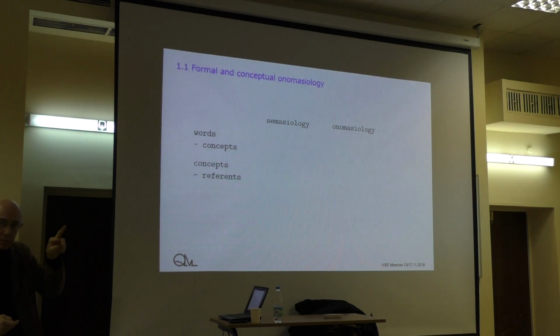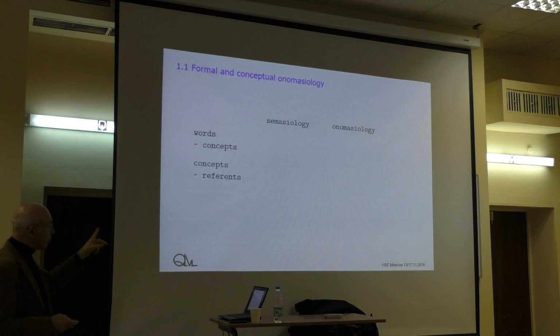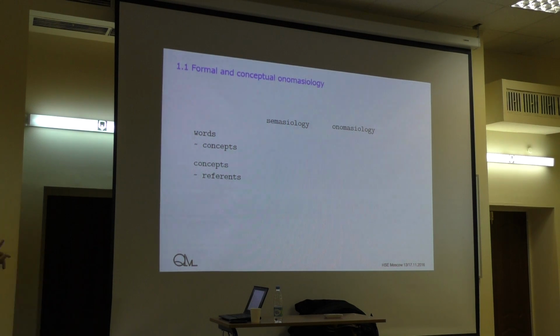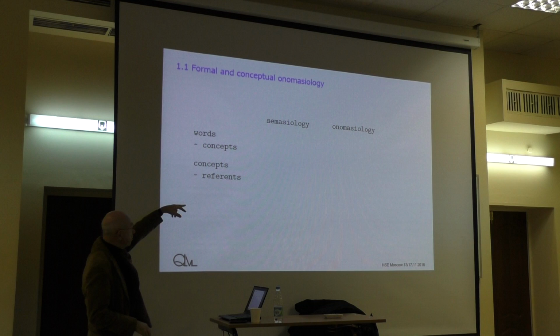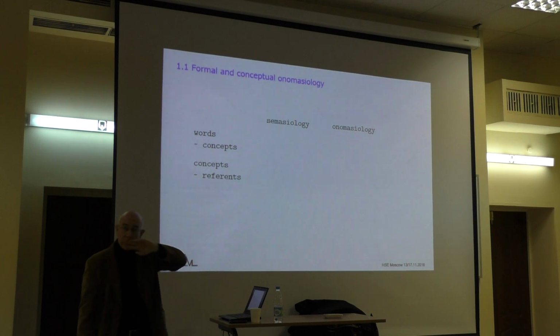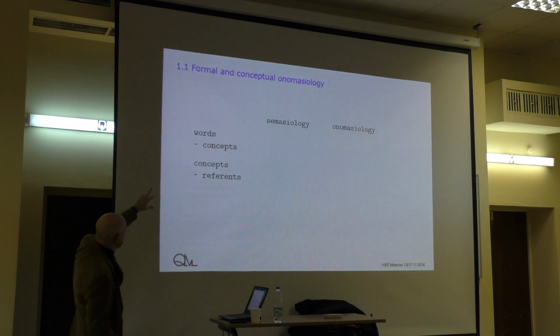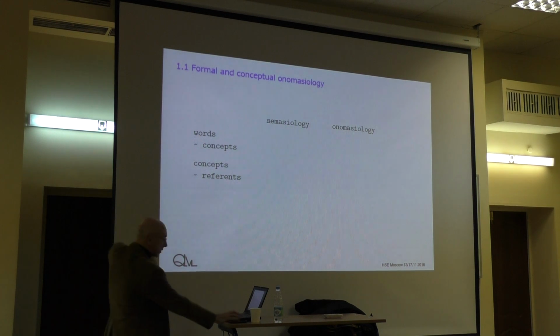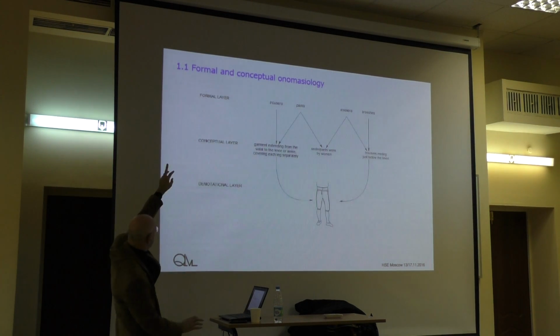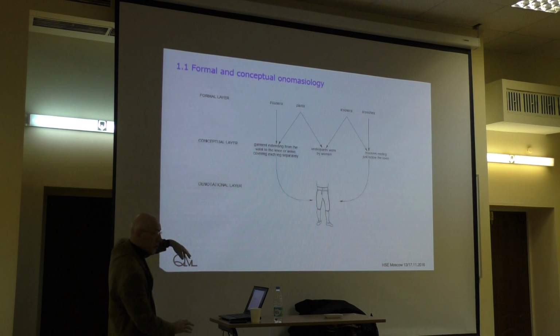What I want to show here is that, interestingly, or maybe predictably, you get the same distinction when you take a semasiological point of view. So the distinction is, going back to this, formal, conceptual, denotational.